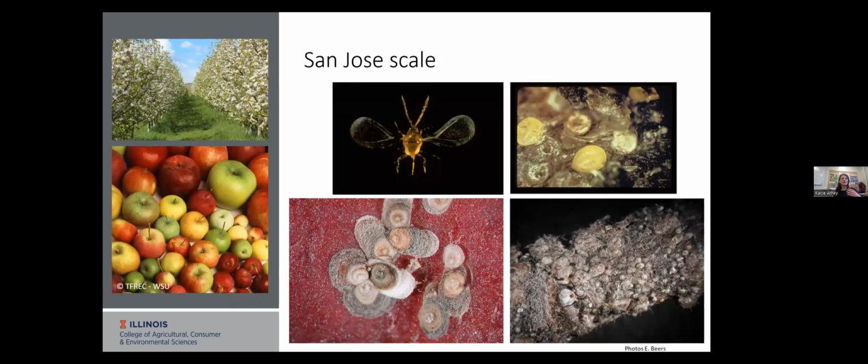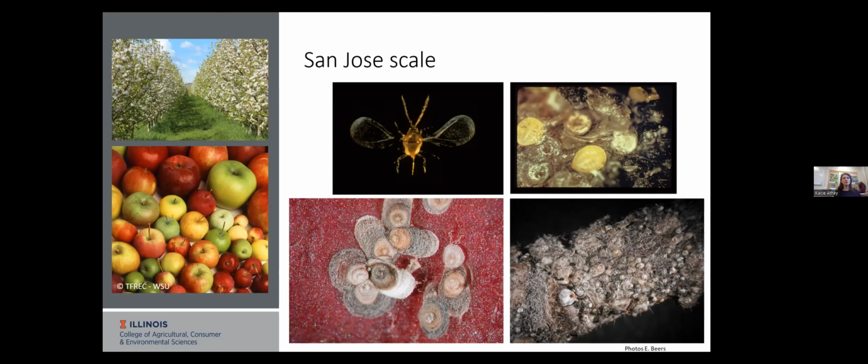And then I just want to talk about this weird pest, the San Jose scale. It's really the only scale pest that we contend with in apple production here in the Midwest. And the reason I'm bringing this one up too is because we've had some larger issues with this recently as well. And so this is, again, it's a scale.